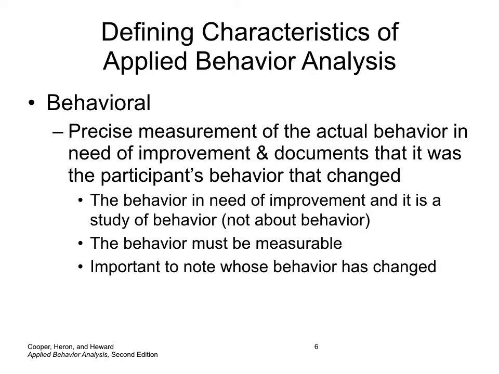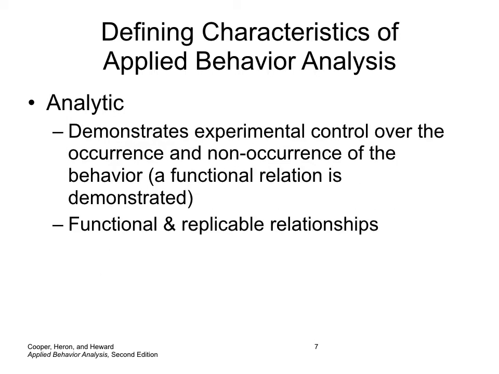Also, researchers must focus on the behavior in need of improvement, and the behavior must be measurable. Analytic means a researcher must demonstrate experimental control over the occurrence and non-occurrence of the behavior. So we have to describe the functional relation between independent variable and dependent variable.